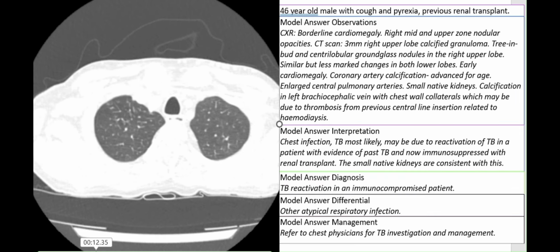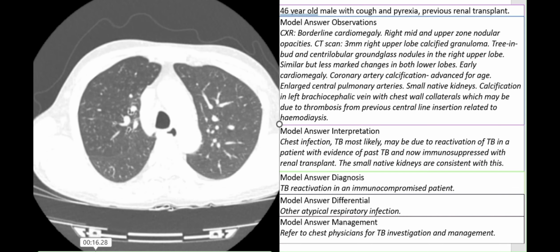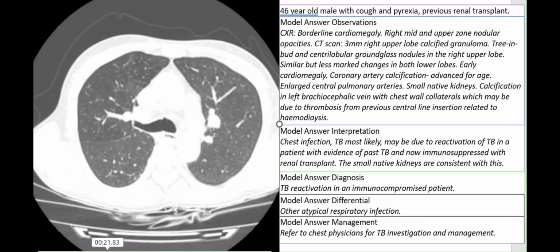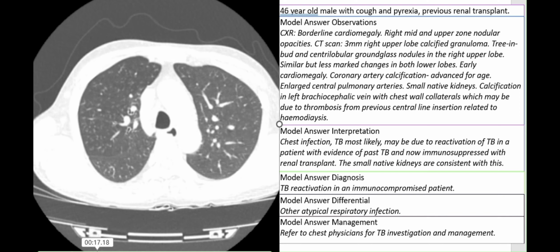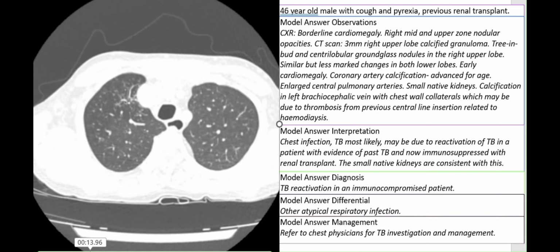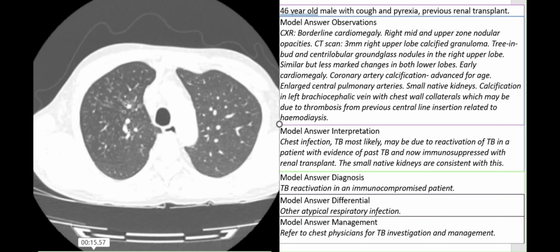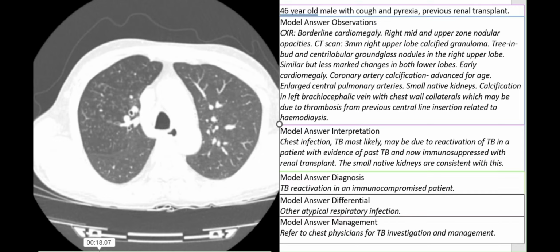There's also something I want to show you. Yeah, this one. There's a calcified granuloma here.